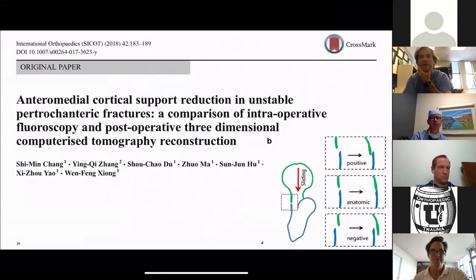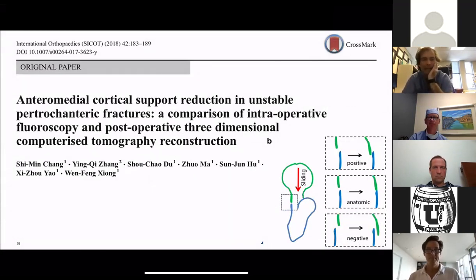So this is what I was talking about earlier about the problem with standardization of the lateral x-ray to collinearity: the trouble seeing the anteromedial cortical support reduction in unstable pertrochanteric fracture. So if we say the patient has a highly unstable pertrochanteric fracture with lesser trochanter and posterior medial buttress involvement, and the anterior aspect of the head and neck does have a spike which matches the spike on the shaft fragment, albeit small, that may be the only point at which you're going to get load sharing with these sliding devices.